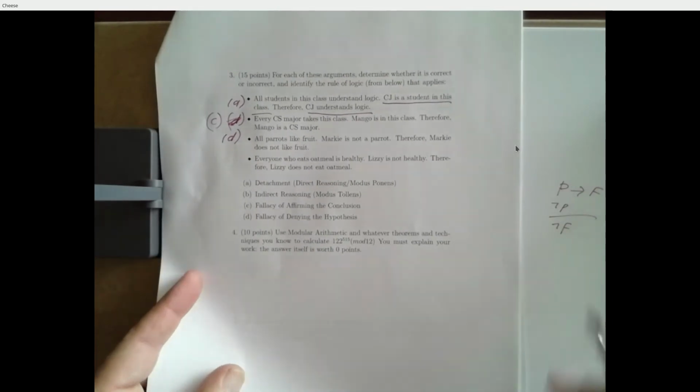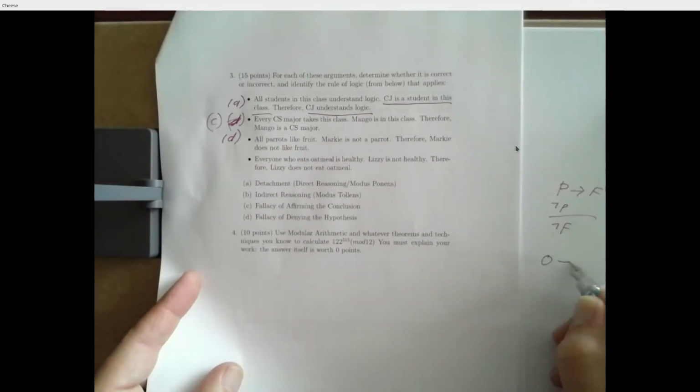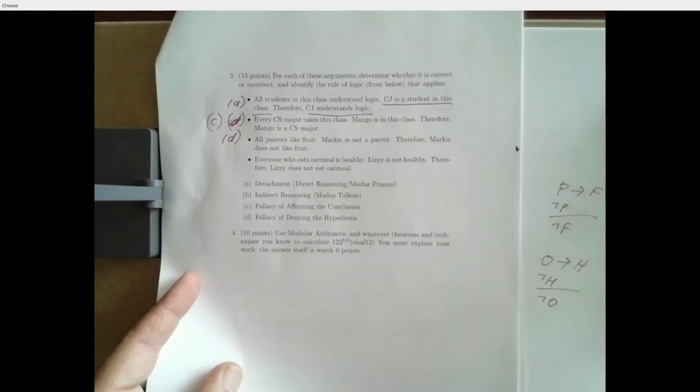All right. Everyone who eats oatmeal is healthy. Eat oatmeal, then you're healthy. Lizzie is not healthy. Therefore, Lizzie does not eat oatmeal. True statement or fallacy? All right, that's got to be true.